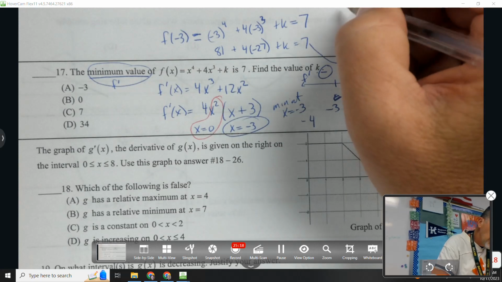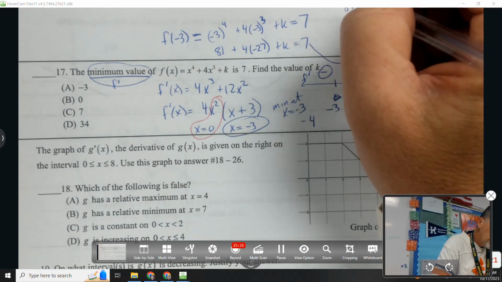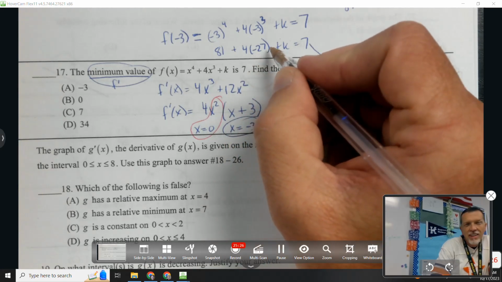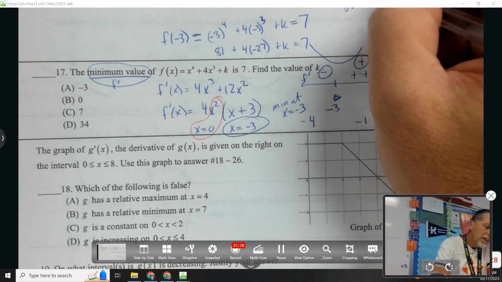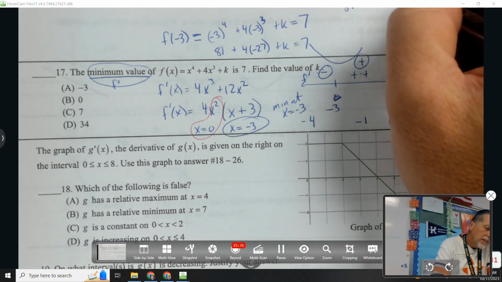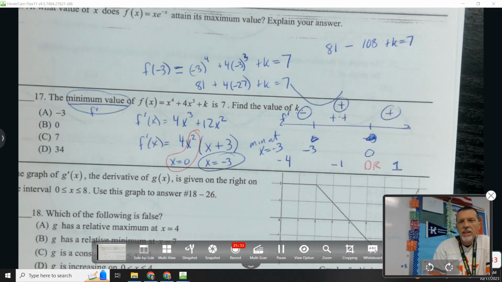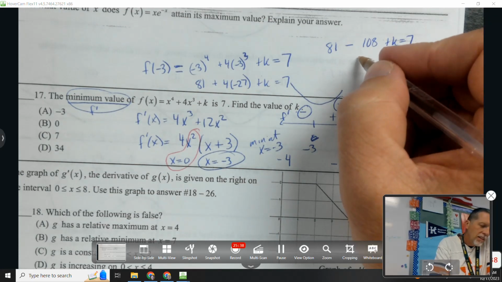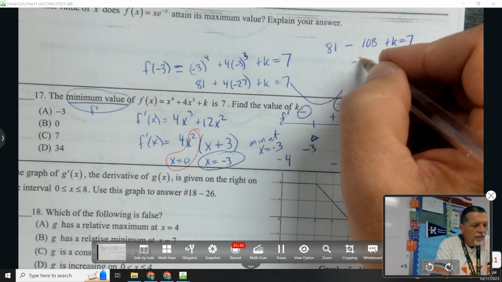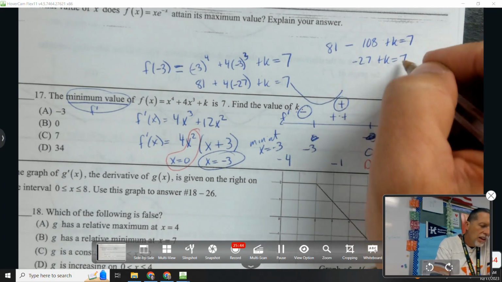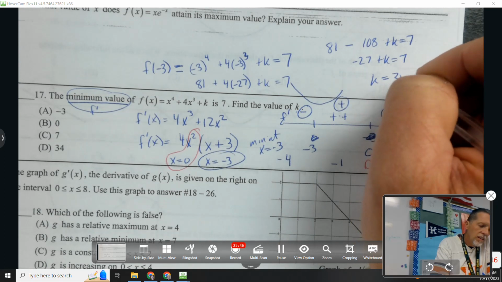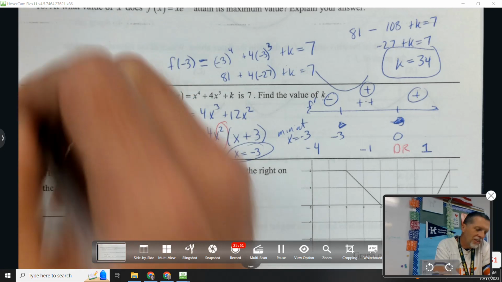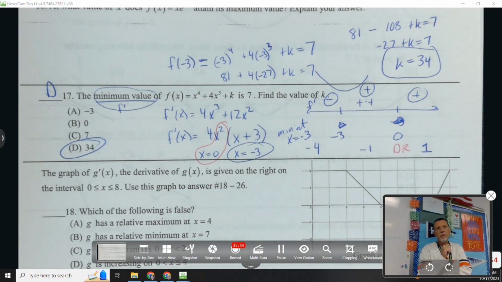Why are they doing this to me? 25 times 4 is 100. 2 times 4 is 8, so minus 108. Plus k equals 7. 81 minus 108, that's negative 27. So that was kind of some annoying arithmetic in there. But I got an answer, so I feel good about k being 34.